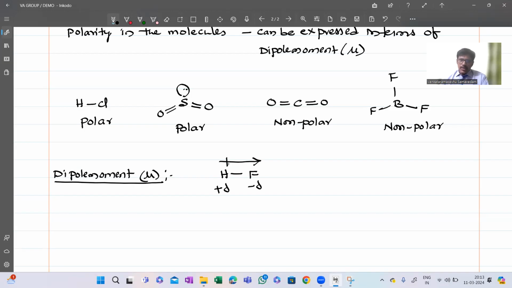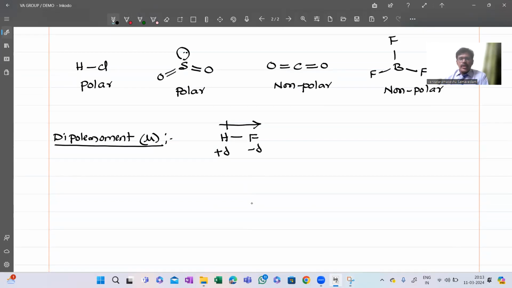That means this is in between a pure covalent bond and an ionic bond. There is no complete bond breaking between the two atoms. There exists only migration of electron density from the less electronegative atom to the more electronegative atom. Because of the development of partial charges on the atoms, how can we express dipole moment?